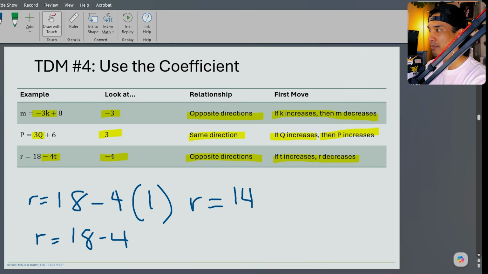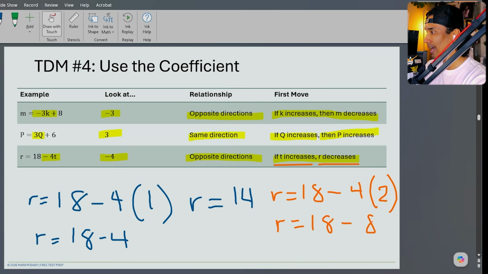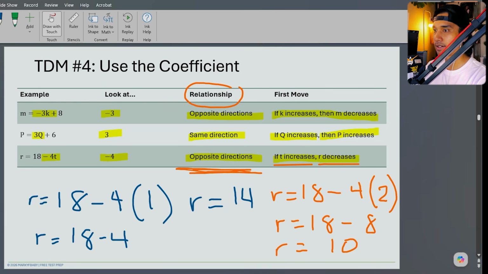Let me increase T, because if T increases, then R decreases. So R is equal to 18 minus 8, increasing T by 1, and then R is equal to 10. What happened to R? R decreased. The relationship is opposite.